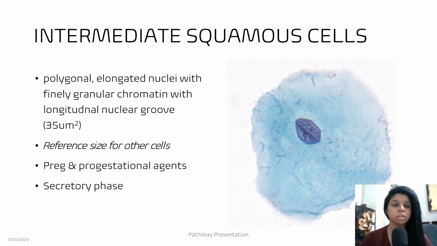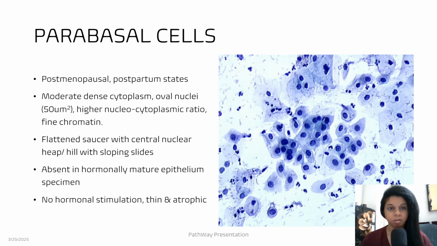It is progesterone that mainly causes intermediate predominant smears, especially in the secretory phase of the menstrual cycle, and during pregnancy also you will get an intermediate predominant smear.